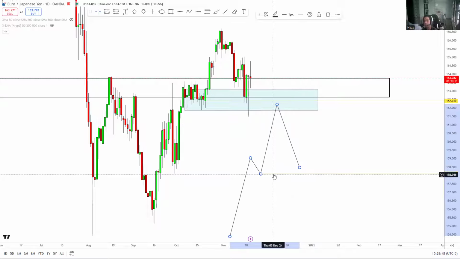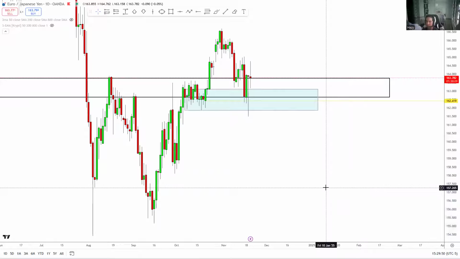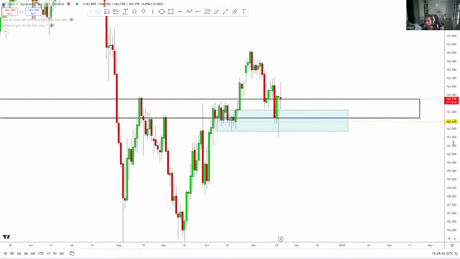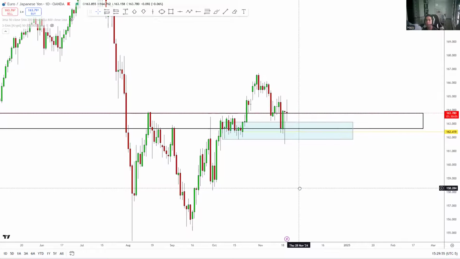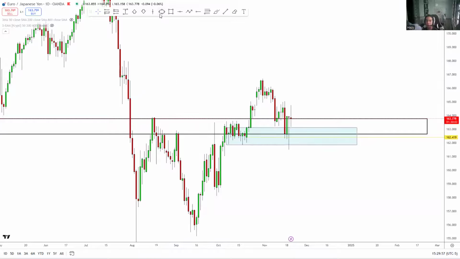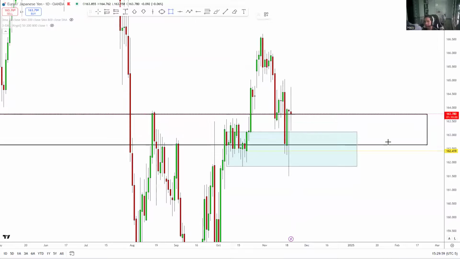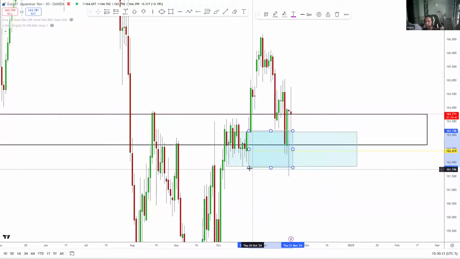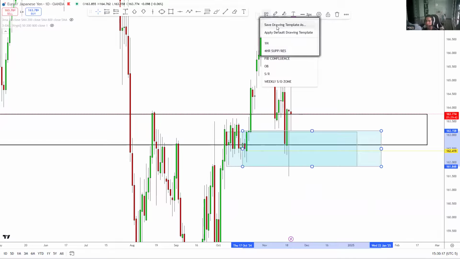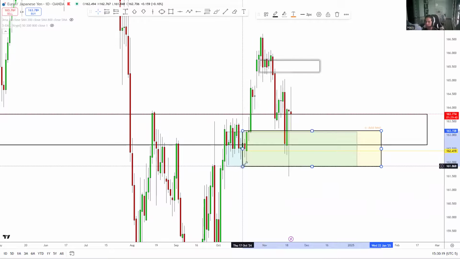What does that mean? We have weekly and daily bullish structure. So we're bullish on the weekly, bullish on the daily. We can also see that we have a drop base and then a rally. We also have a rally base rally. Maybe we could just highlight from here to here, or if you guys want to do this, it's perfectly fine.